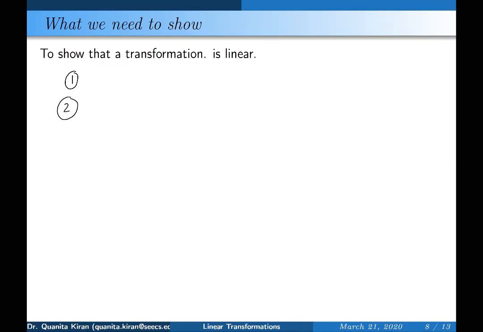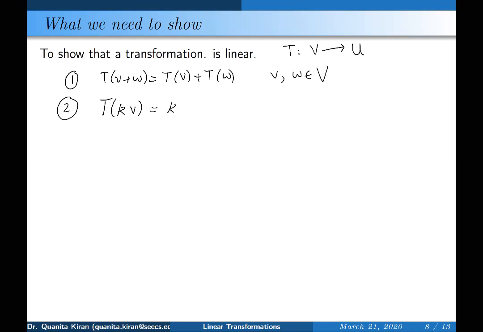The first is T(V plus W) equals T(V) plus T(W), where V, W belong to V, if T is a transformation from V to U. The second one is T(KV) equals K times T(V), where K is a scalar and V is a vector.